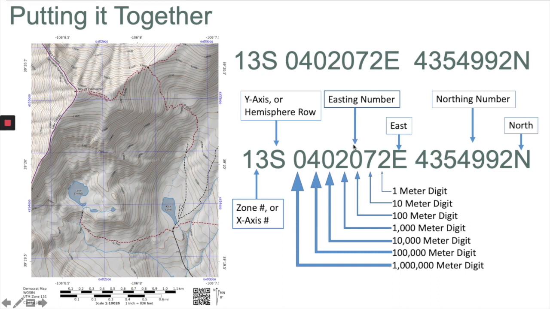Now we have 040272. So all we're looking at is 72 meters. That's pretty easy. We know that we are increasing as we go eastward because we're getting closer to that central meridian of 500,000. We know that this line is 500 meters between, but more importantly, we have this handy scale down here.